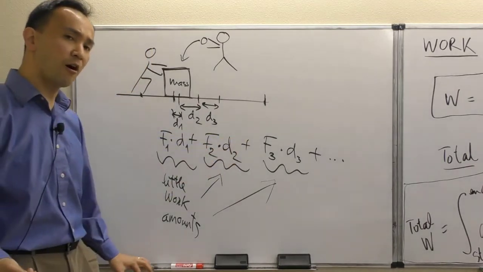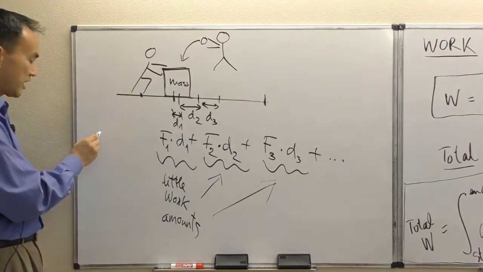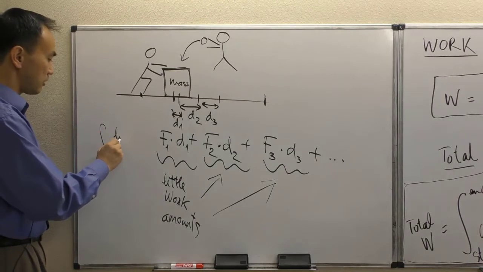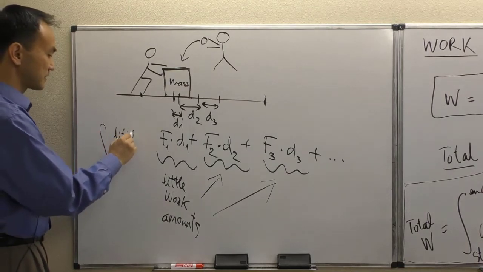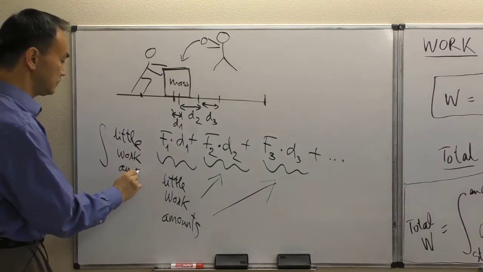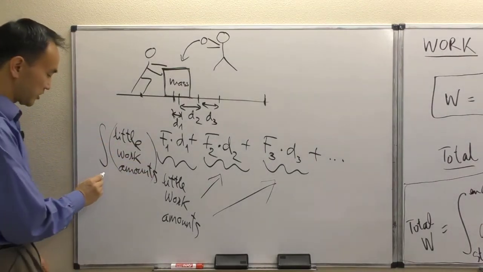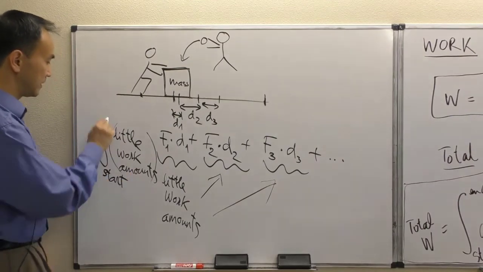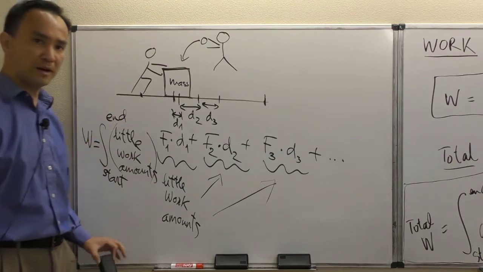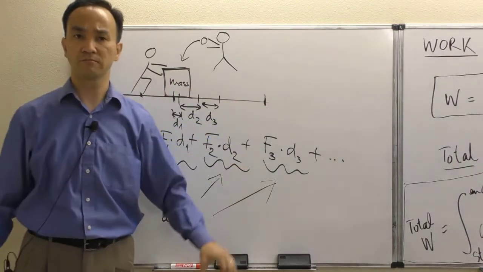I'm accumulating all the little work amounts from start to end, just to get the total amount of work, counting from where he began pushing to where he finished pushing.